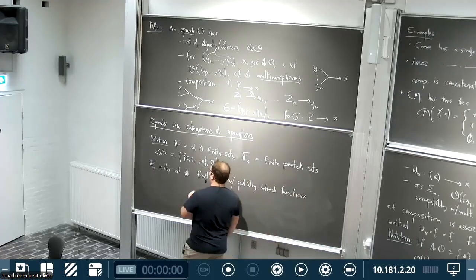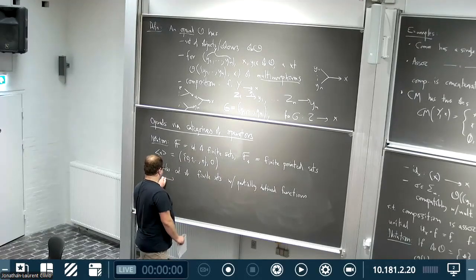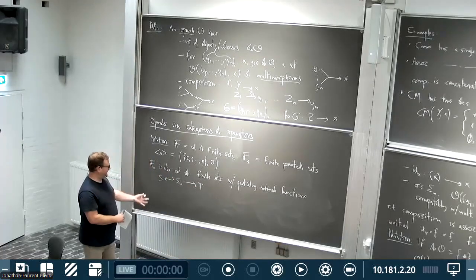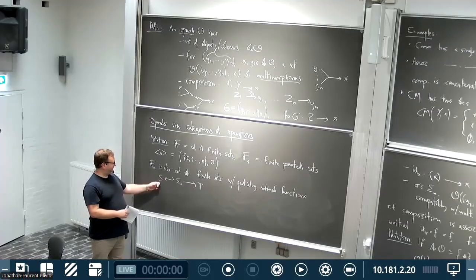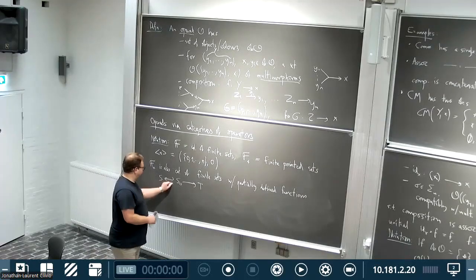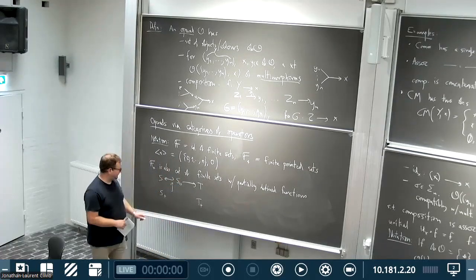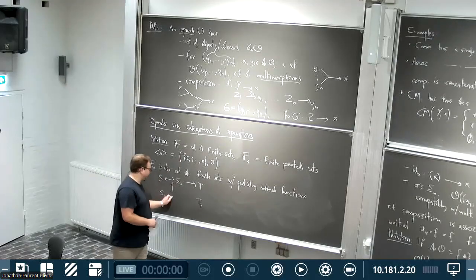So I can map, yes, T will be then some subset of S, and then I map from that subset into T. The correspondence is that if I add a disjoint base point to S and T, then I make a map of pointed sets by sending everything that is not in S0 to the base point.